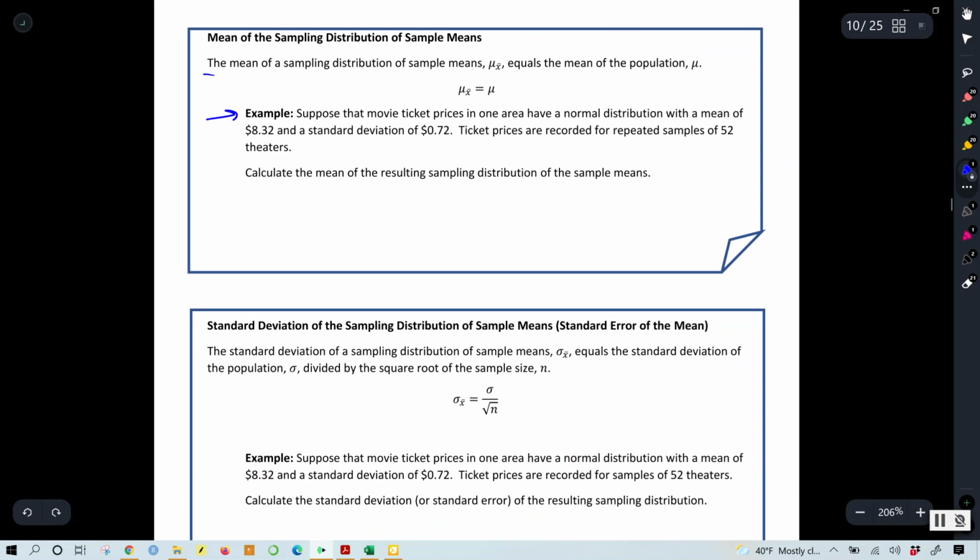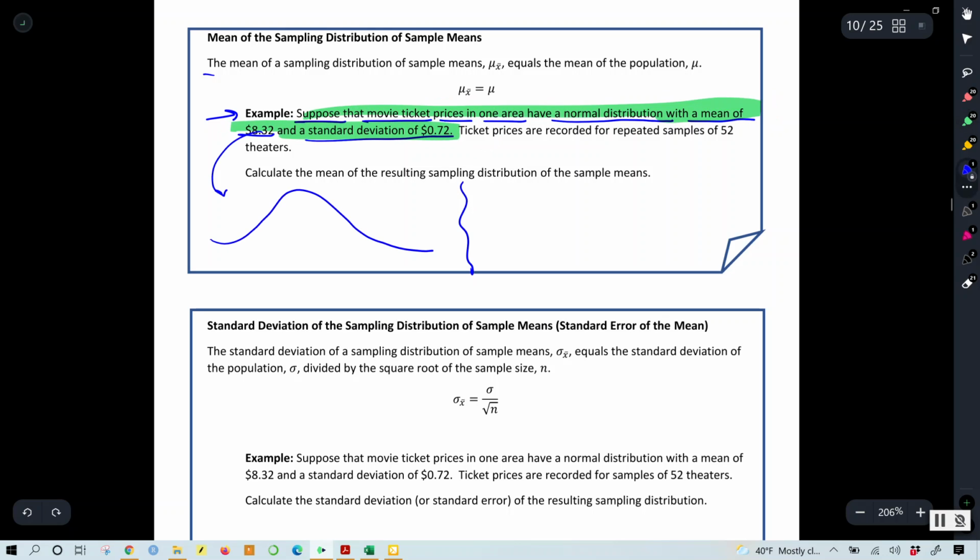In this example, we are told that suppose that movie ticket prices in one area have a normal distribution with a mean of 8.32 and a standard deviation of 0.72. As far as the highlighted part on the screen, we're starting out with a distribution that is normally distributed.